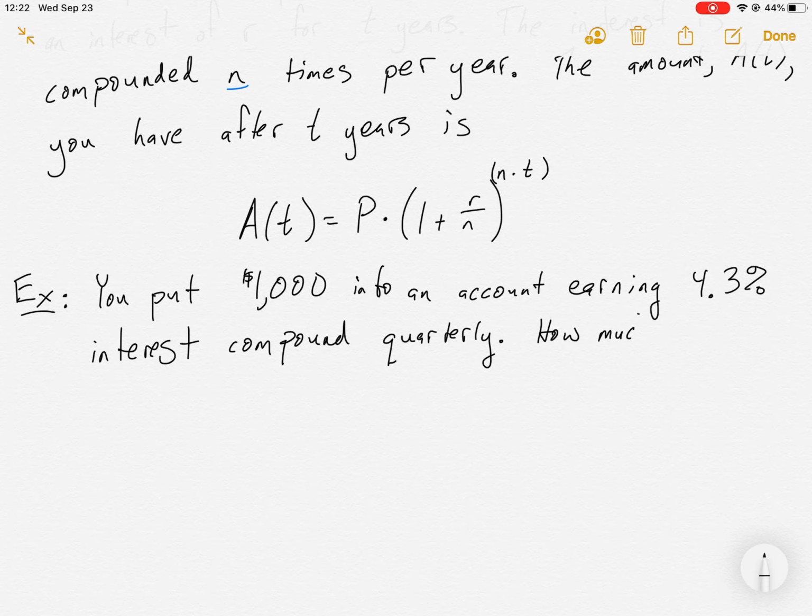How much money is in the account after, let's just do something like 5 years.